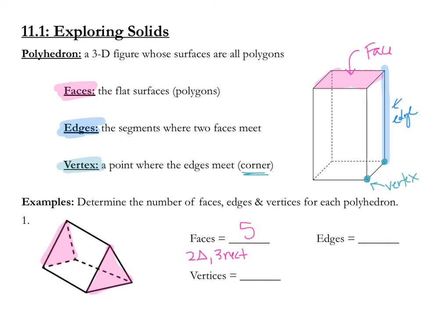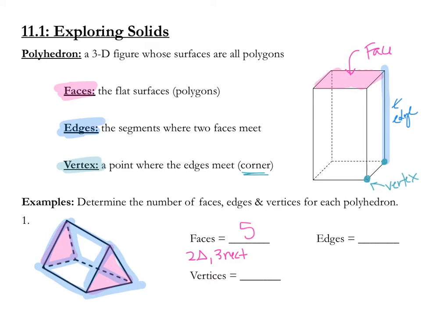All right, let's do edges next. Edges, remember, are the segments. They're these pieces that connect the faces together. So there's 3 on the triangle on the top, and there'd be 3 on the triangle on the bottom. So again, I'm grouping these, and then there are 3 connecting the 2 triangles together.